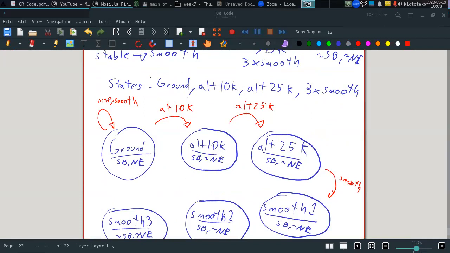And here we go back to ground if we get the Alt 10K. Because if you remember, Alt 10K is activated when you climb or descend 10K altitude, no? The same with this.